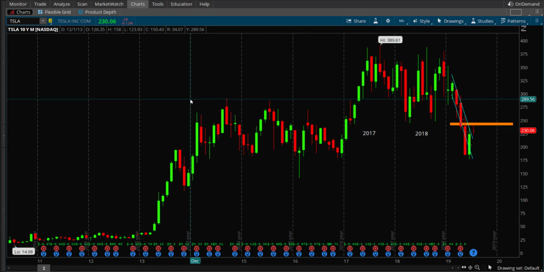Throw some moving averages up, some higher time frame moving averages, and really analyze what could stop my trade from getting to where it needs to go. So when you're building your trading plan, you need to determine what time frames are going to be appropriate for you and always use them for that strategy.